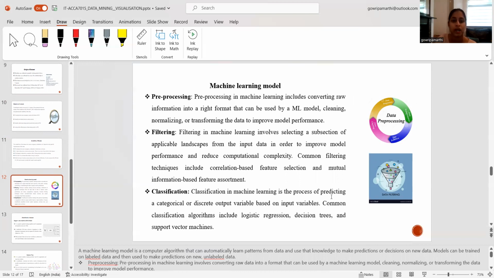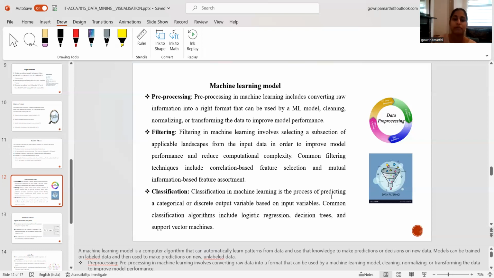We have a bundle of information that is a combination of images and text and different pattern images. So pre-processing is used to convert the raw data into the right format using cleaning, normalizing, transformation, data improvement, and model performance.